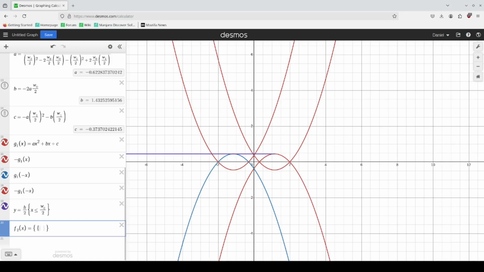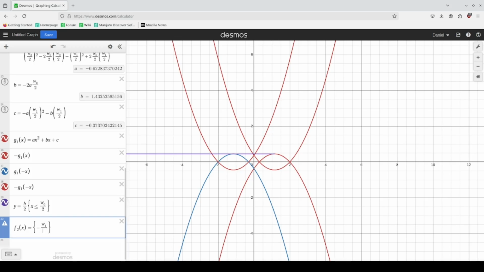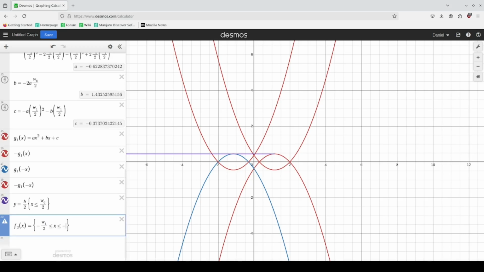So if this is between negative W sub 1 over 2, and that's going to end at negative W sub 0 over 2, then we want this equation here.